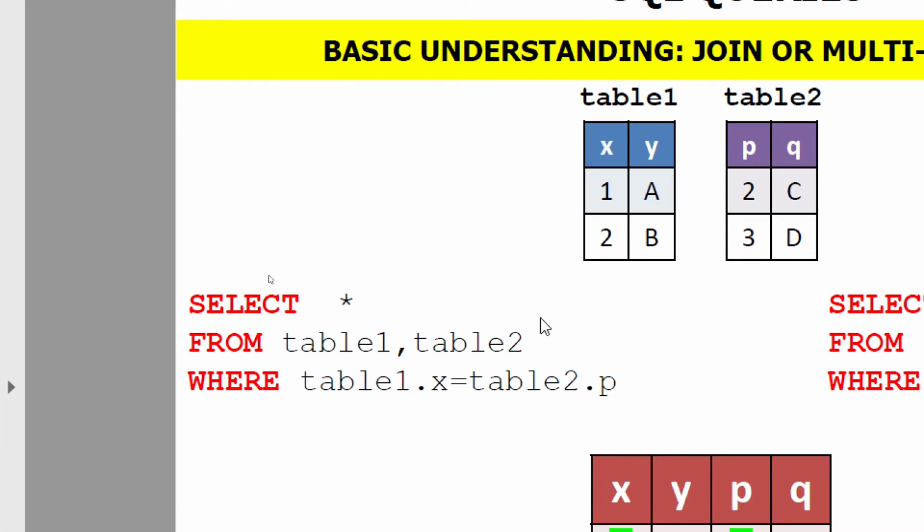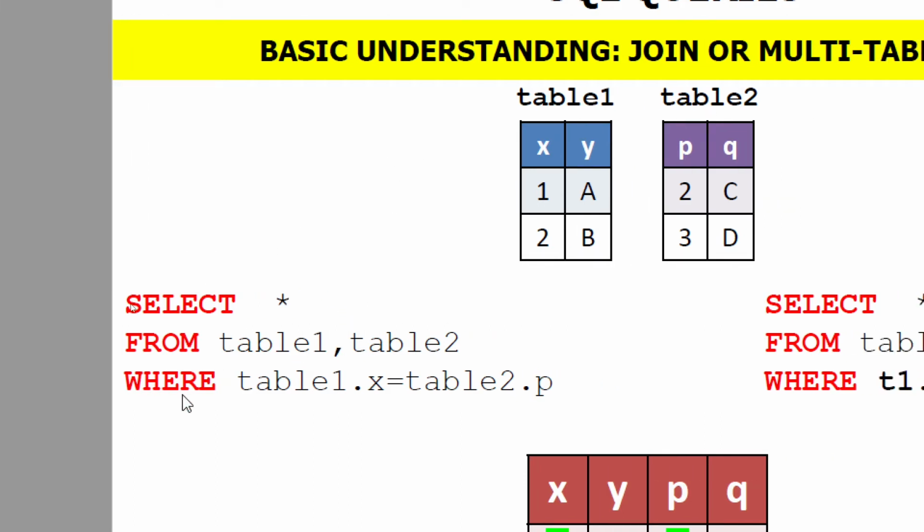Table 2 dot p means the first column of table 2. So what am I saying? I am saying select all from table 1, table 2, where table 1 dot x is equal to table 2 dot p. So whenever the contents of table 1 dot x, that is this column, is equal to this column, then only will I get a result.